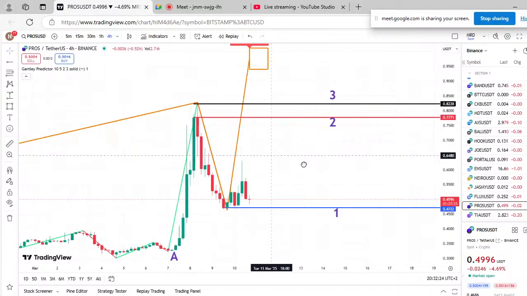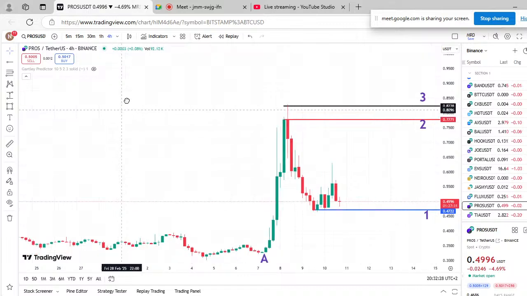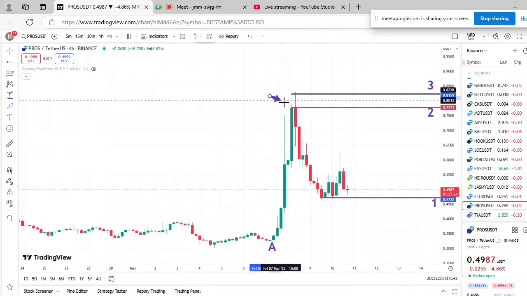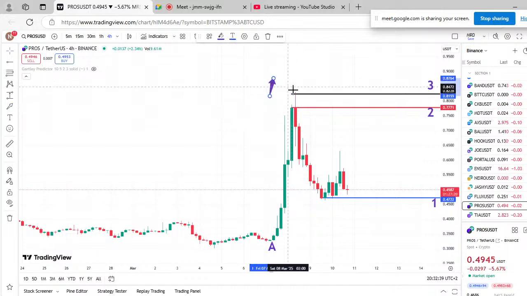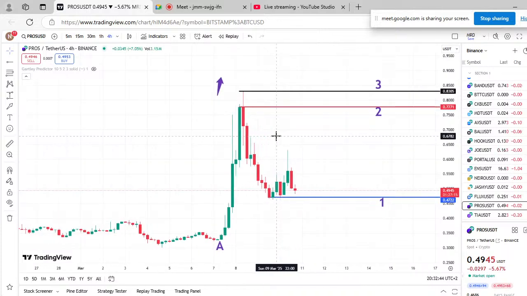Now we are done with the 3 people that I wanted. Let me first remove the indicator so we get it clear. When you look at the red line, which is number 2, and the black line, which is number 3, there is a reason why you should take profit at number 2.